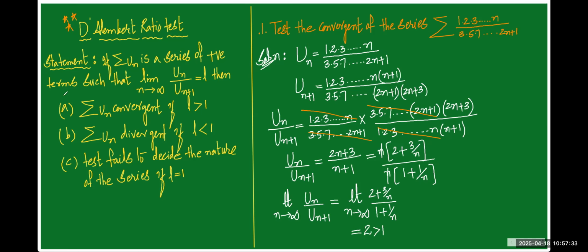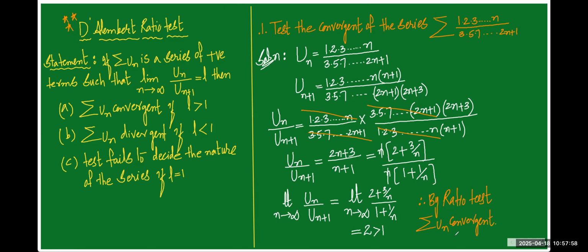So the last step we'll write here is: by ratio test, because we have applied the ratio test here. By ratio test, summation un converges. If your value is less than 1, then we say it is done.